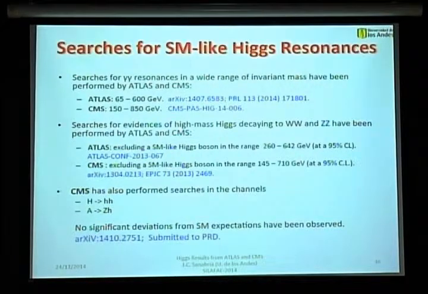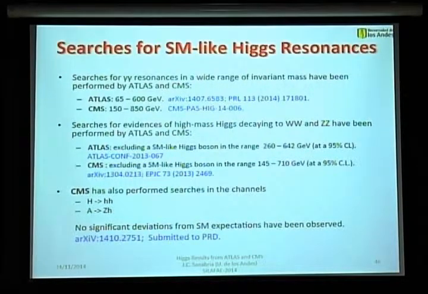Other kinds of resonances. Looks for resonances in the gamma-gamma or in the WW and ZZ channels have been performed by ATLAS, scanning the range between 65 and 600 GeV, and CMS 150 to 850 GeV.